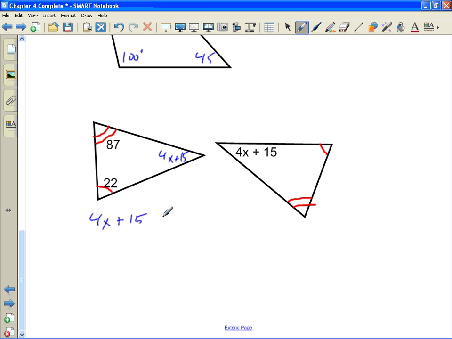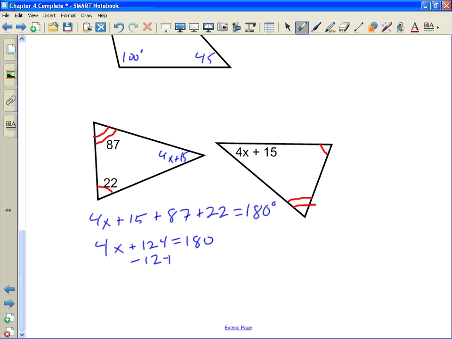4x plus 15 plus 87 plus 22 is going to equal the total 180 degrees. So we get 4x plus, let's see here, we would have 109, 124 equals 180.